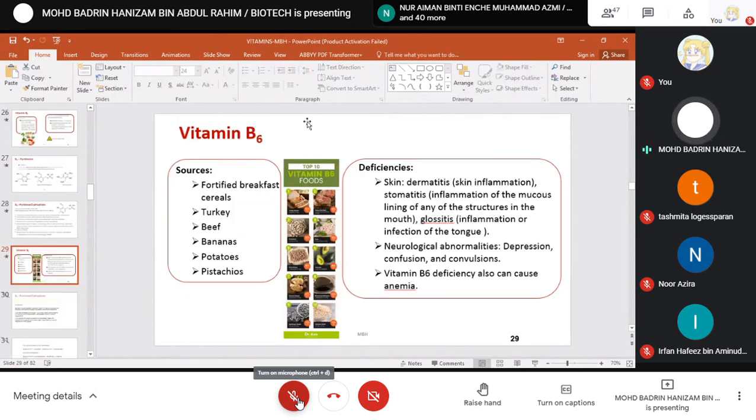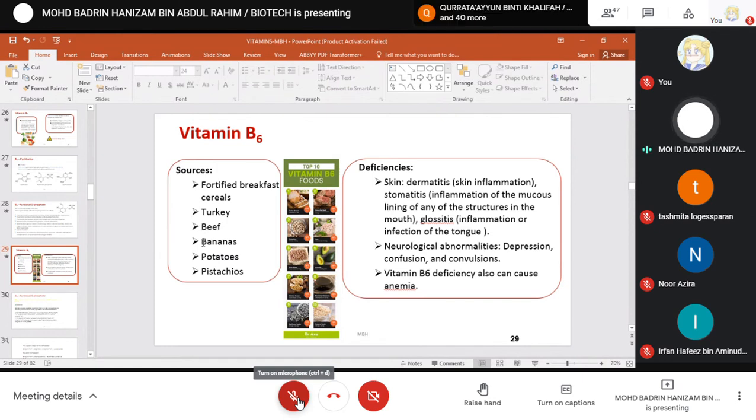Foods that contain lots of vitamin B6: fortified breakfast cereal, turkey, beef, banana, potatoes, pistachio. There are a lot of other types of foods you can Google yourself that we eat every day. You may even have it at home by now, but those I listed here contain a high amount of vitamin B6. We don't normally eat turkey. Beef, of course, we eat during Hari Raya, and I think most of us still eat beef rendang and so on.